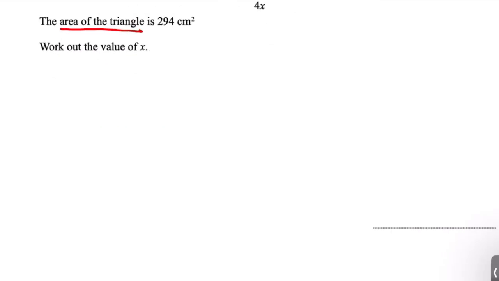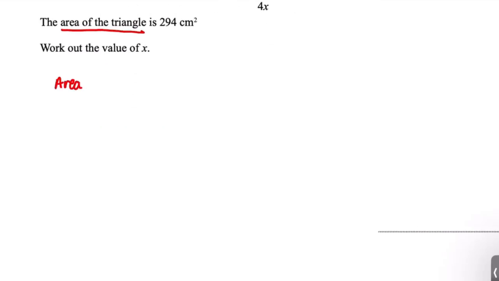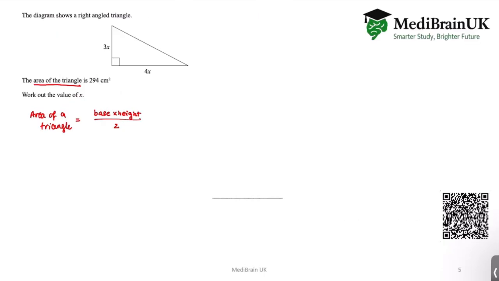The formula to work out the area of a triangle is base times height divided by 2. That's the formula. So with questions like this, number one, work out the expression. And then once you've worked out the expression, step two would be to solve the equation.